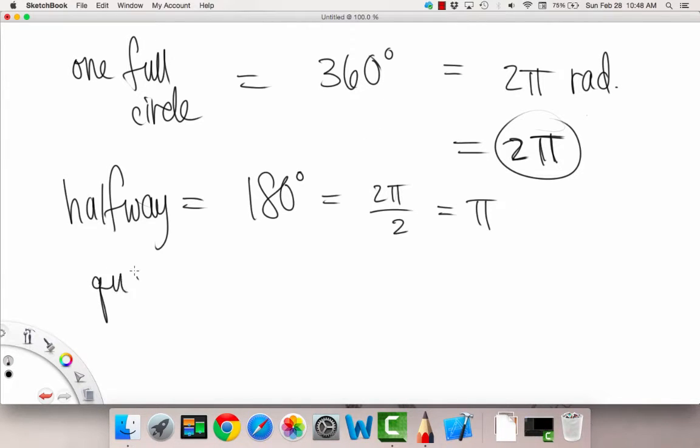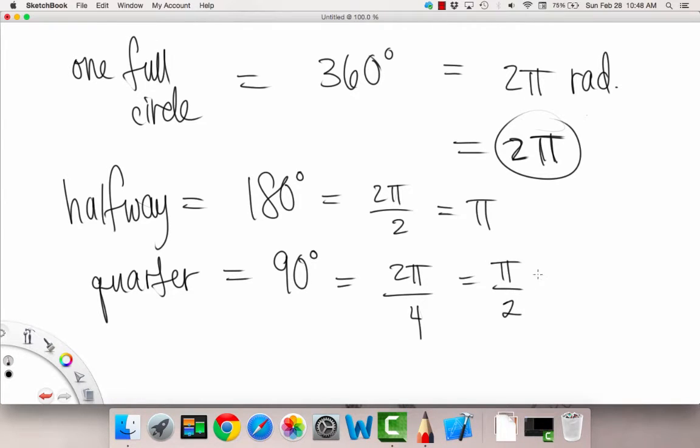Let's say we go a quarter of the way through our circle. Normally that was 90 degrees, but now it's a quarter of whatever our full circle was. 2 pi was the full rotation, and now if we divide that by 4, we just get pi over 2. So these are important things to note. Here's a basic sketch of that.